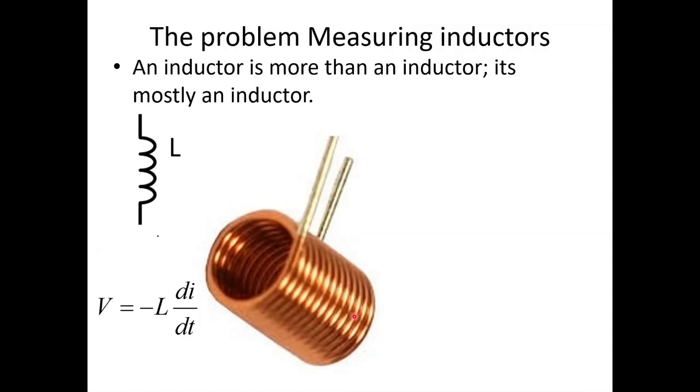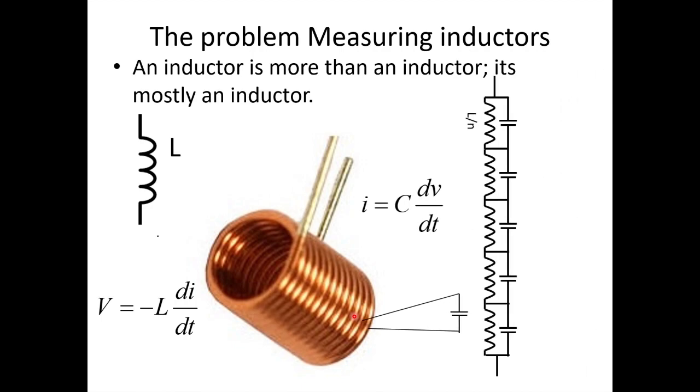But one of the problems in measuring an inductor is that an inductor is more than an inductor, but it's mostly an inductor. Because these loops of the coil are very close to one another, there's going to be some capacitive coupling between the loops of an inductor.